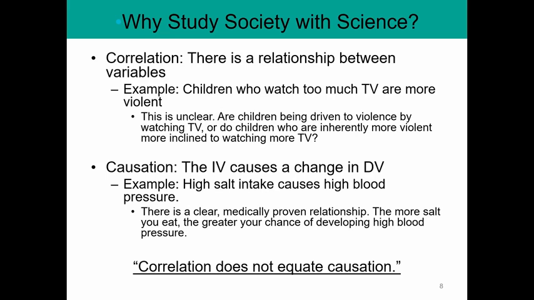For example, children who watch too much TV are more violent. That's the beginning of a hypothesis, and we could have data that show that. I'm not convinced of that, but if that's what the data shows, then that's what the data shows. It's unclear, right? We don't know the nature of the relationship.